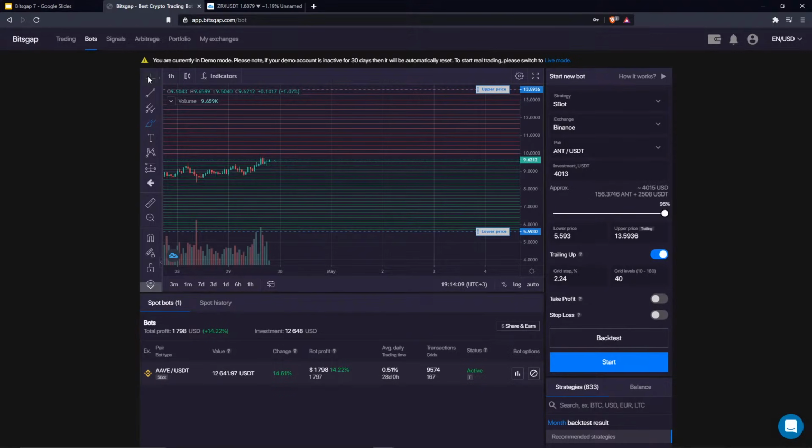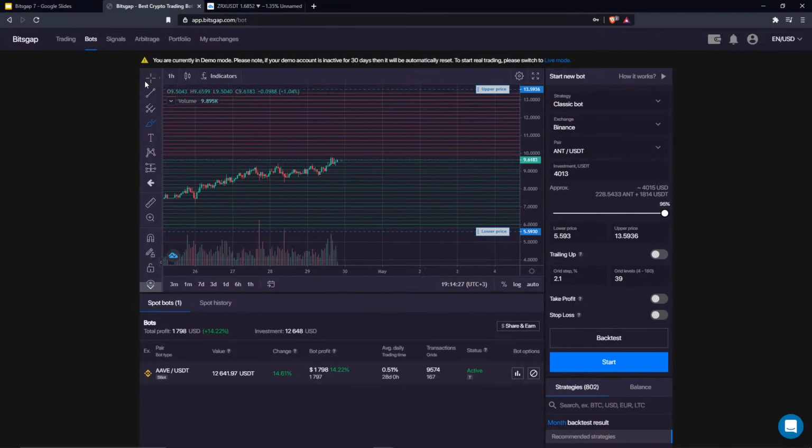Okay, so in the case of the SBOT, this works in the best way. The dollar cost averaging effect in the SBOT works in the ultimate format, whereas the classic bot always buys and sells the same amount of coins.